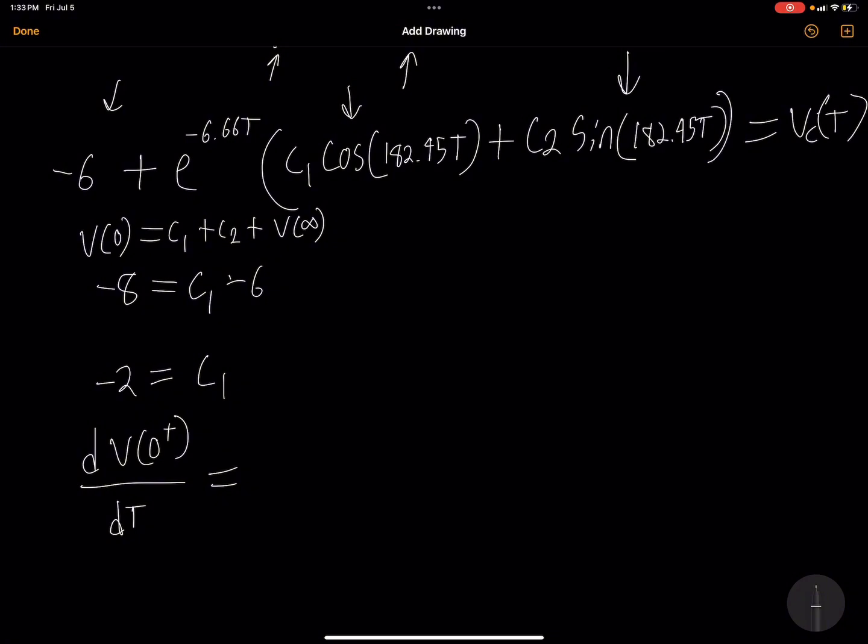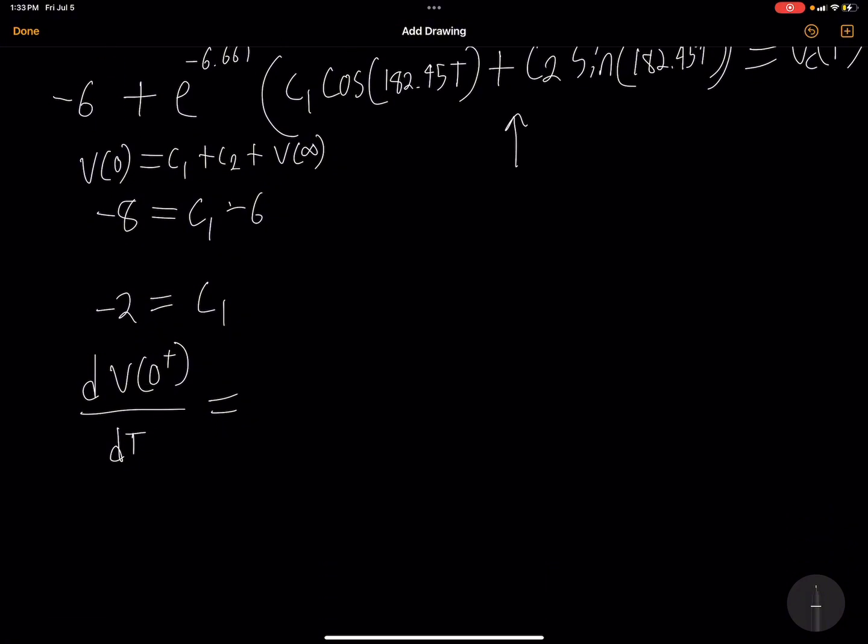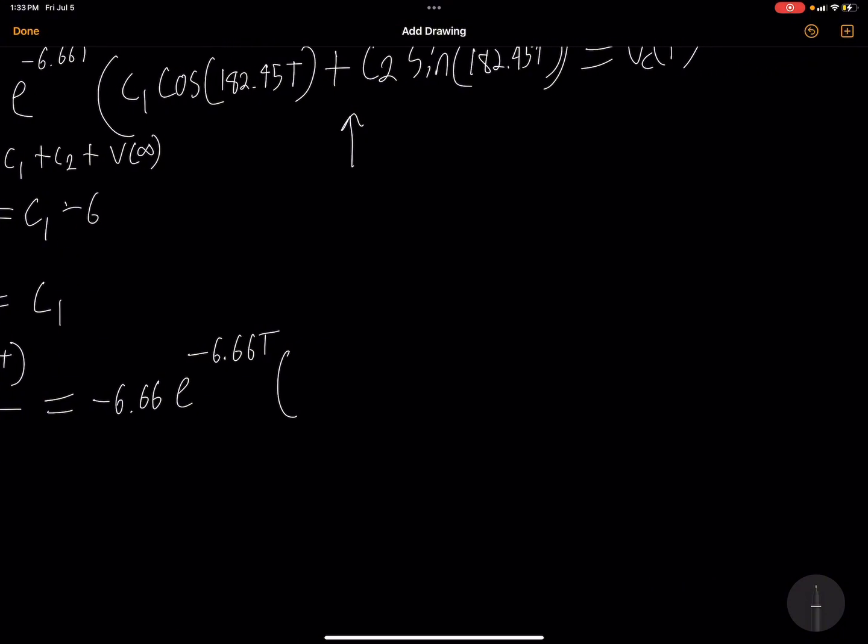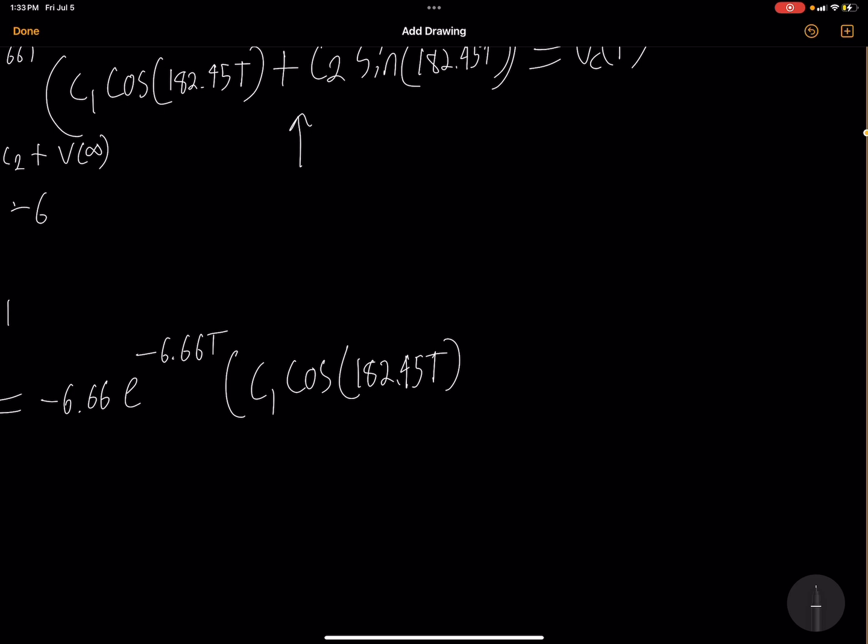Now we'll take the derivative of this function, which is just going to be, we'll do a product rule, -6.66 e to the -6.66 t, C1 cosine 182.45 t plus C2 sine 182.45 t.